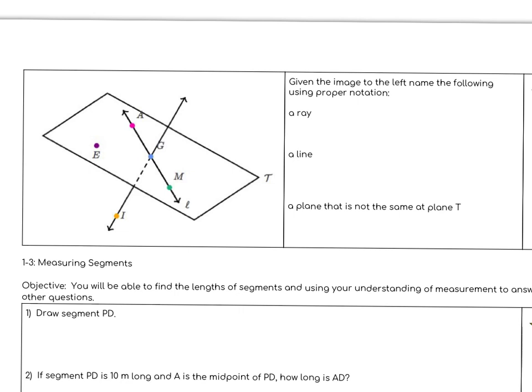I might name ray GA, and that would be starting at G and going through A. I could also name ray MA, that would be starting at M and going through A. I could also name ray MG, and that would be starting at M and going through G.